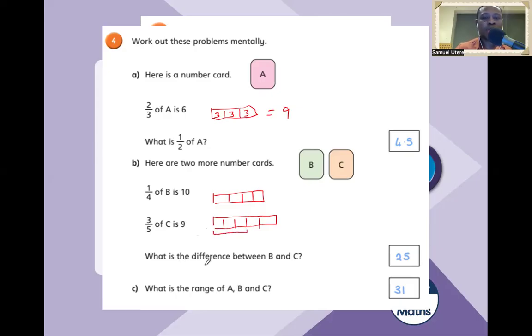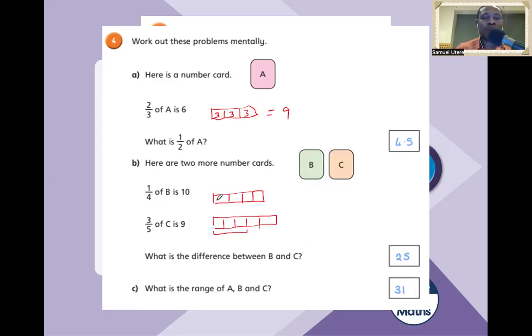You're asked, what is the difference between B and C? Well, you've been told that 1/4 of B is 10. So it means you have 10 things that have been split into 4 equal parts. Now, 10 divided by 4 is to halve and to halve again.